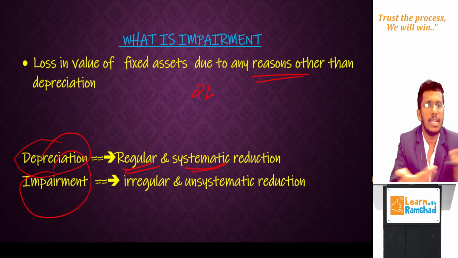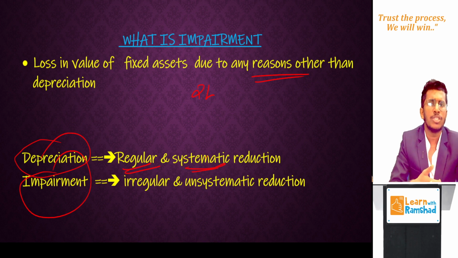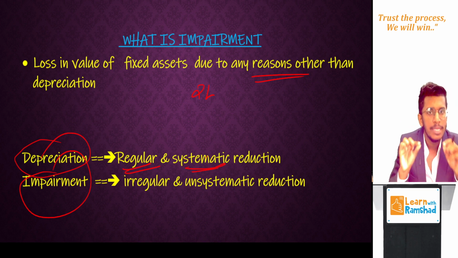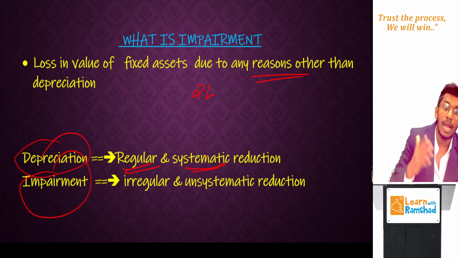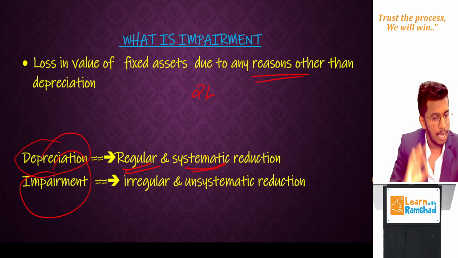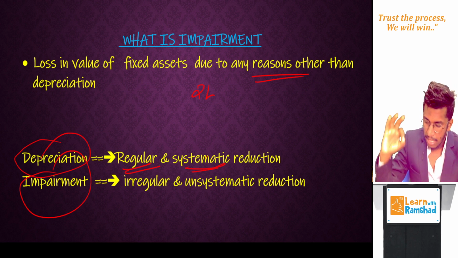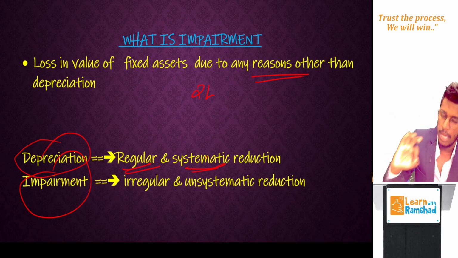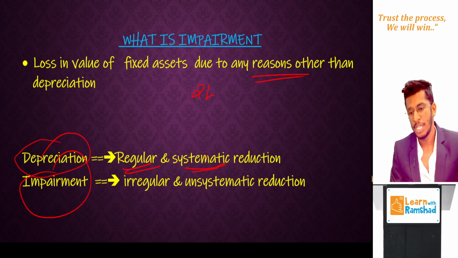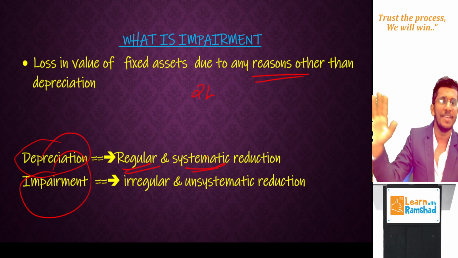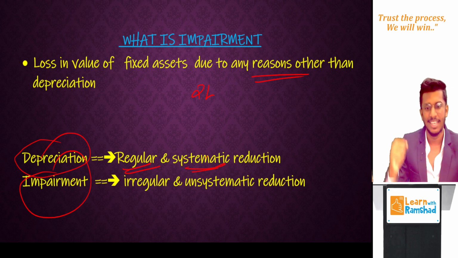Every year the physical damage or abnormal decrease is not happening. This is unusually happening. So in short, depreciation is regular and systematic, but impairment is irregular and unsystematic. That means only when there is an impairment reason do we charge impairment loss. But depreciation is not like that. Depreciation is charged every year. That's it, right?